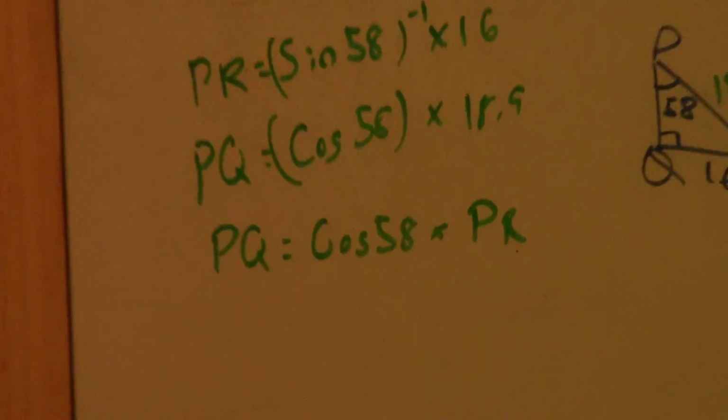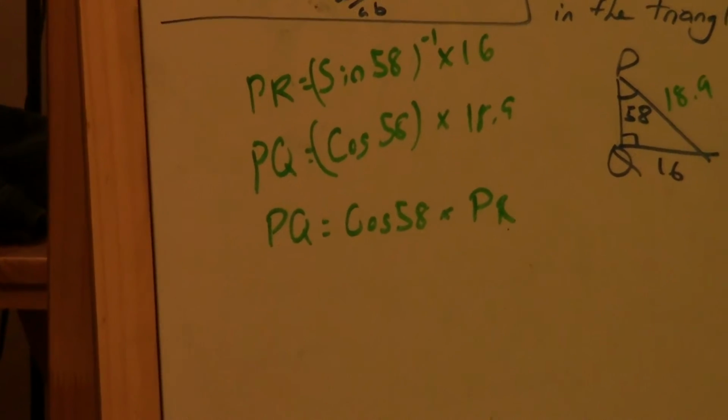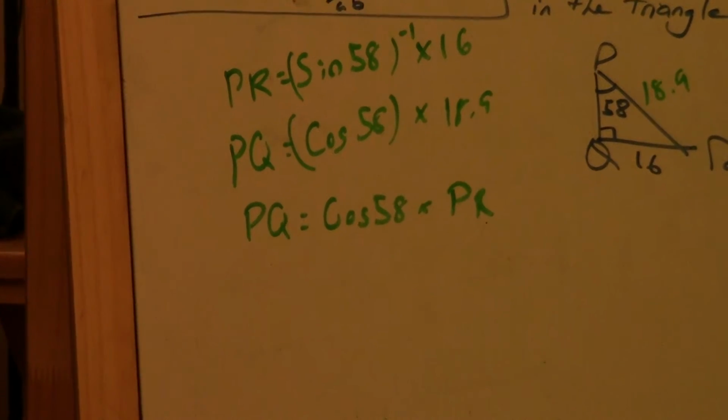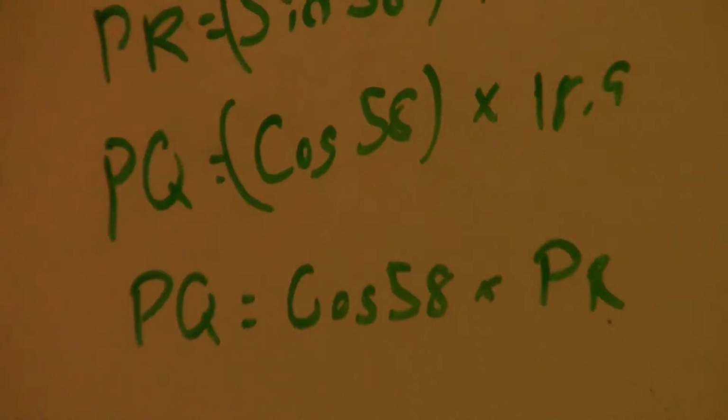Okay, that's your formula right there. Because cosinus 58 equals adjacent divided by hypotenuse, and adjacent is PQ and hypotenuse is PR.